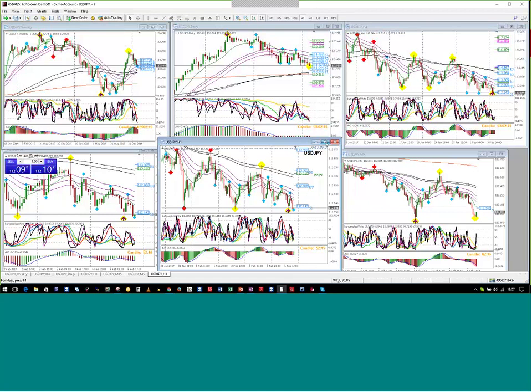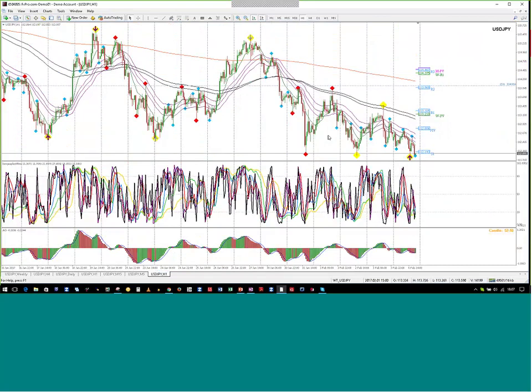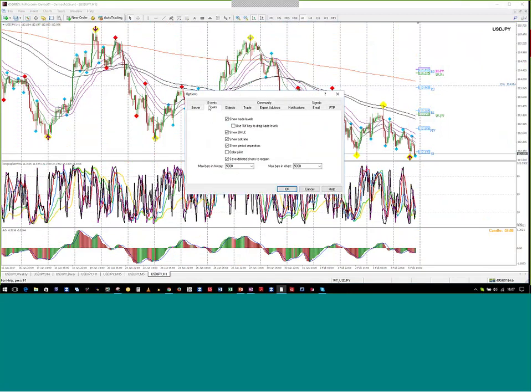In MT4, under tools, options, charts, there are 5,000 bars in my charts. I keep that low. You could have 250,000 in yours.